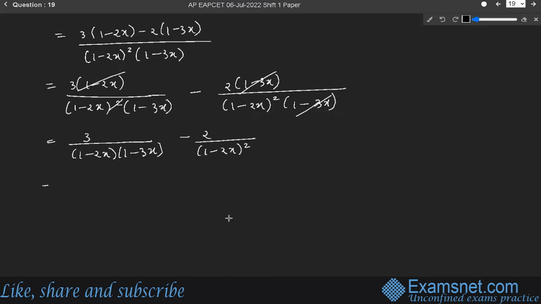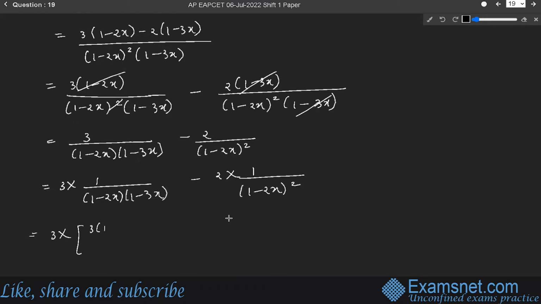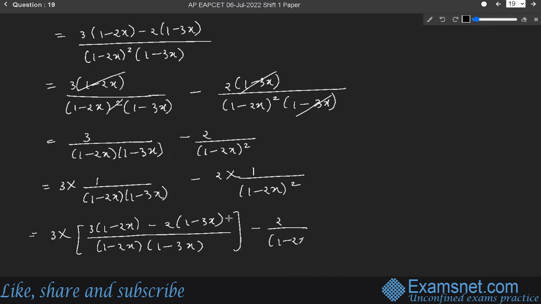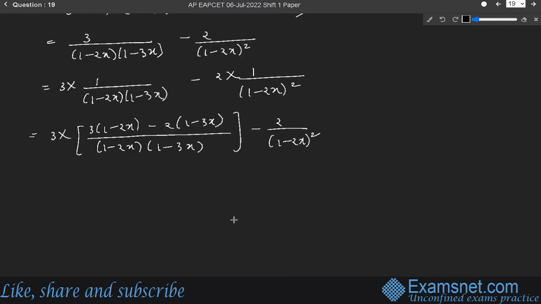Now it can also be written as 3 into 1 upon 1 minus 2x into 1 minus 3x minus 2 into 1 upon 1 minus 2x whole square, which will be equal to 3 into 1 minus 2x minus 2 into 1 minus 3x divided by 1 minus 2x into 1 minus 3x minus 2 upon 1 minus 2x whole square.